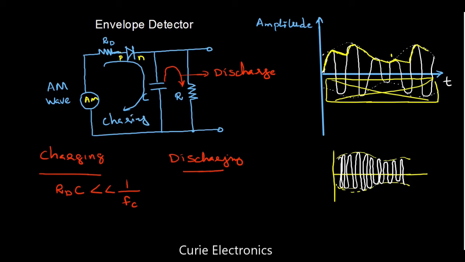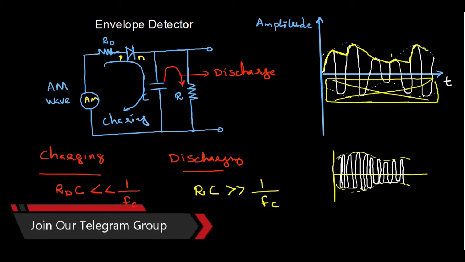Now discharging, when it discharges, what is the time period? This RC component decides the discharging period. This should be much greater than 1 upon Fc. Now you can't keep a large value of RC.